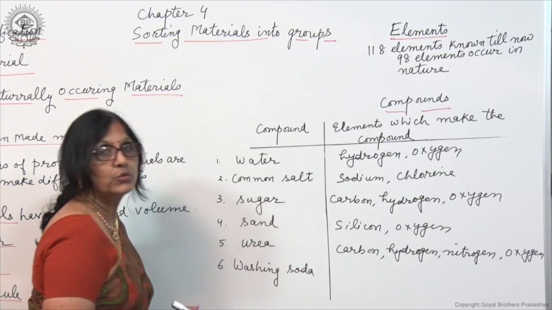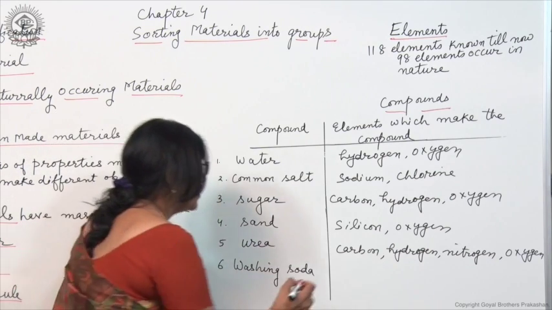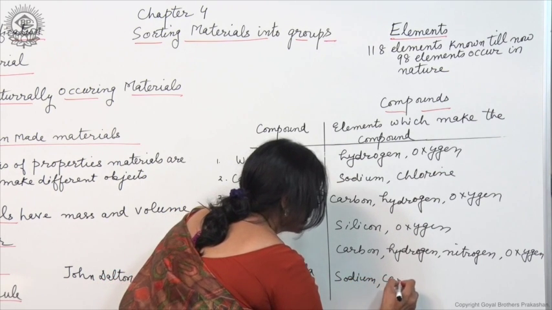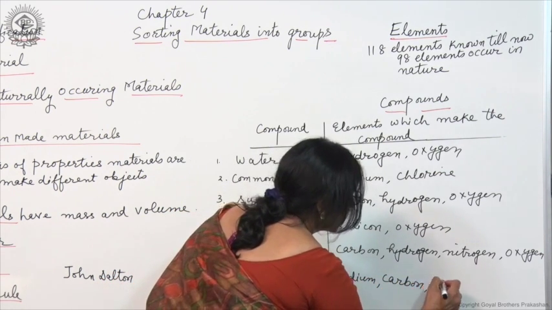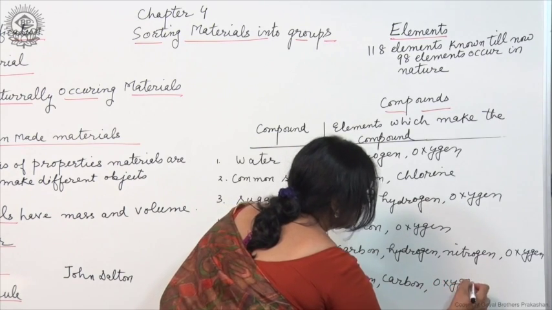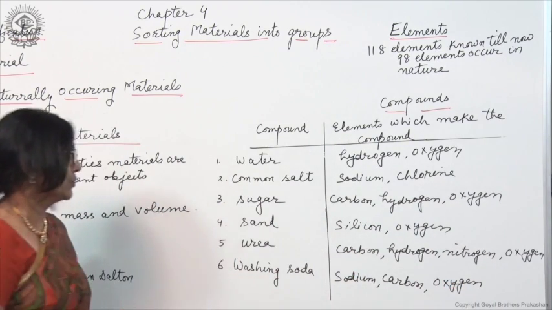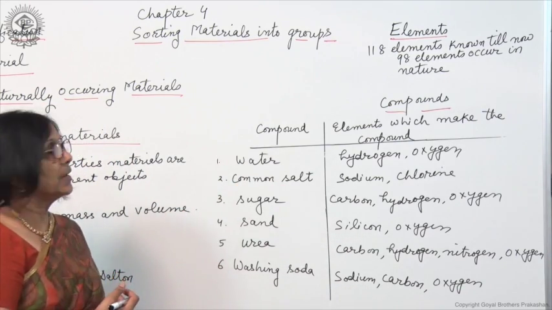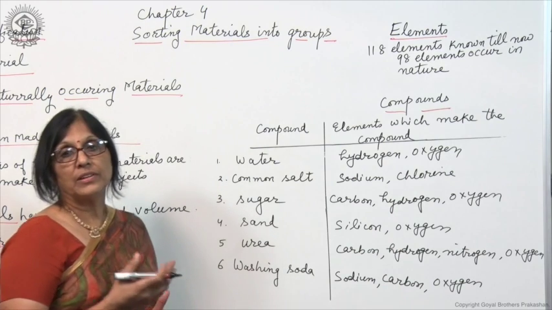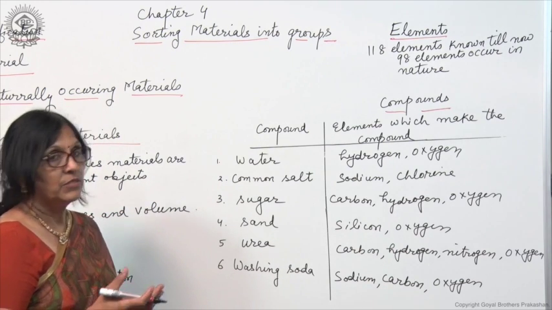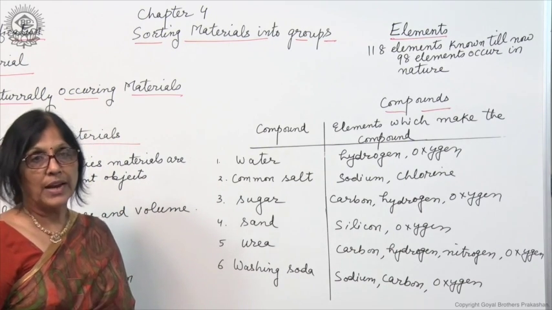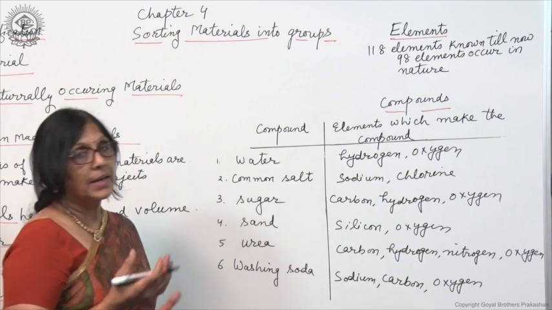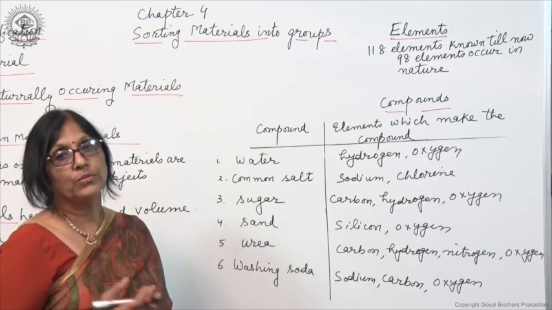Washing soda, which is used to wash clothes, is made up of sodium, carbon, oxygen. So, you can see some of the compounds and the elements from which they are made, and you can imagine, just like 26 alphabets make a variety of English words, in the same way 118 elements combine to form a large number of compounds.